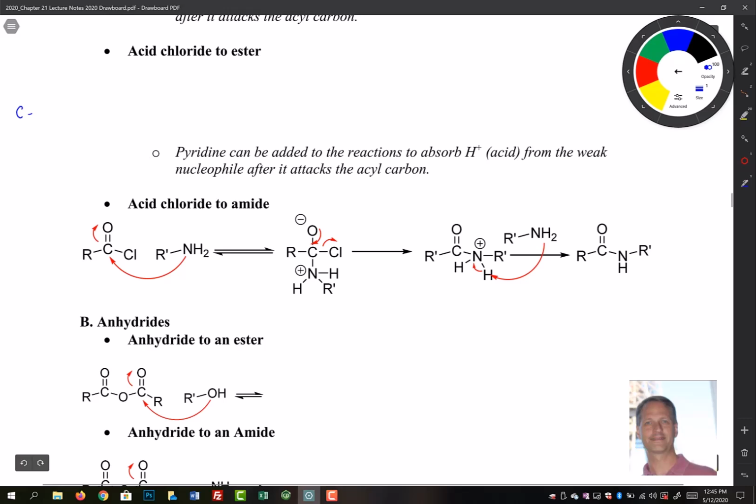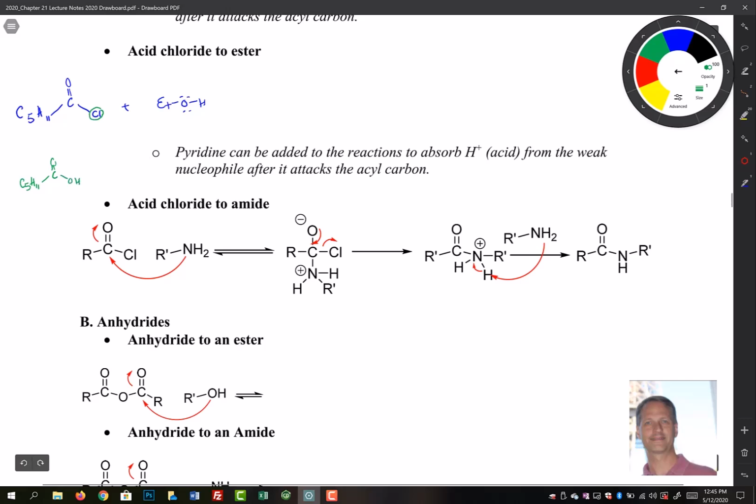How about C5H11 carbonyl Cl, and let's add to that ethanol. This acid chloride comes from the carboxylic acid C5H11COOH.